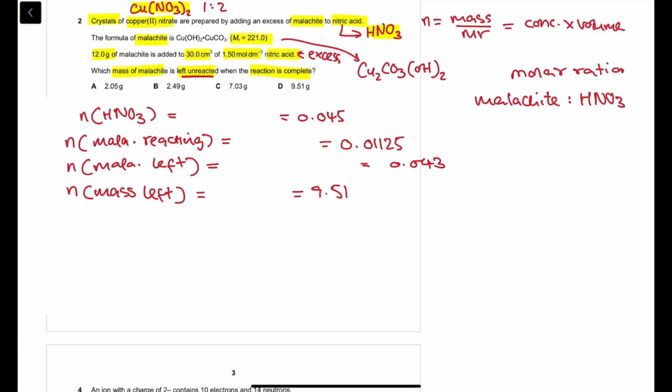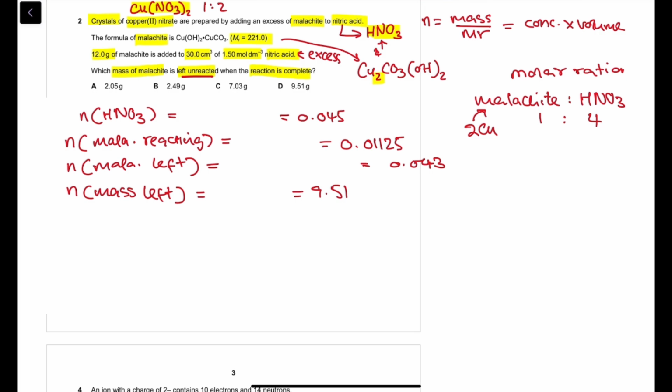However, in the formula we have 2 copper ions. That means we require 4 nitrate ions. Therefore, we know that our molar ratio of malachite to nitric acid is going to be 1:4. That is because we are provided with 2 copper from malachite, and each nitrate ion provides 1, and we need 4 of them.